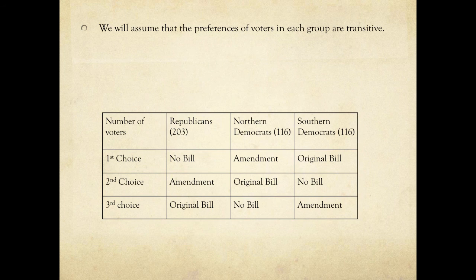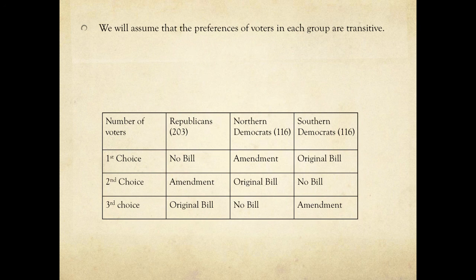Now, we're going to assume preferences of the voters in each of these groups are transitive. For example, the Republicans, if they ranked no bill over amendment and amendment over original, they would rank certainly no bill over original. And that's the case with each of these groups. I'll assume transitivity of each group. The Northern Democrats, if they rank amendment over original and original over nothing, then they will rank amendment over no bill.